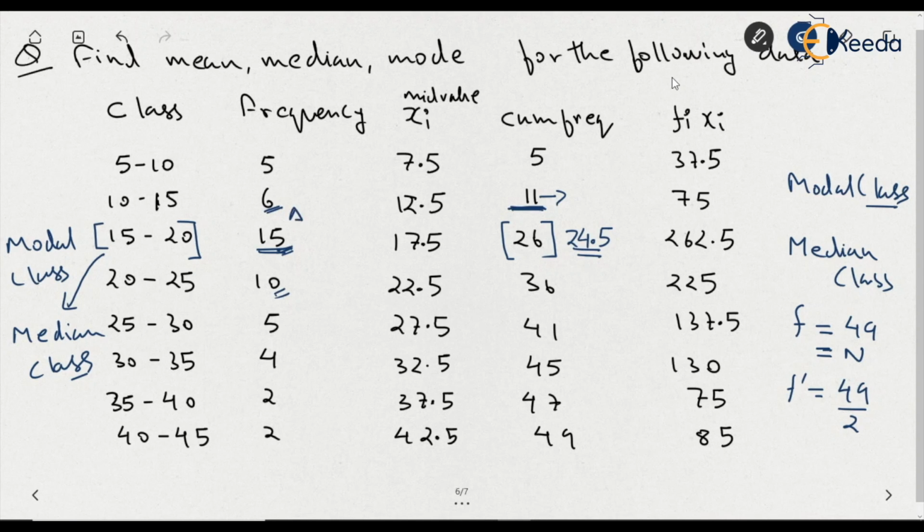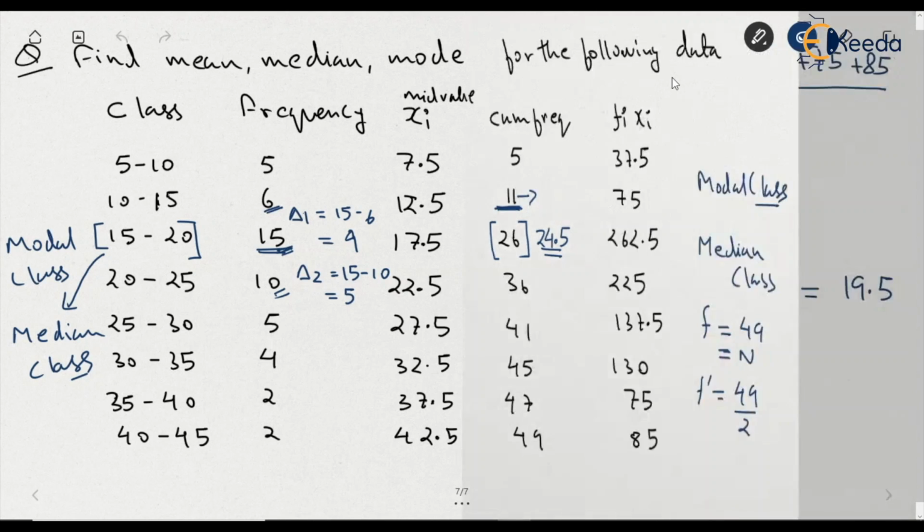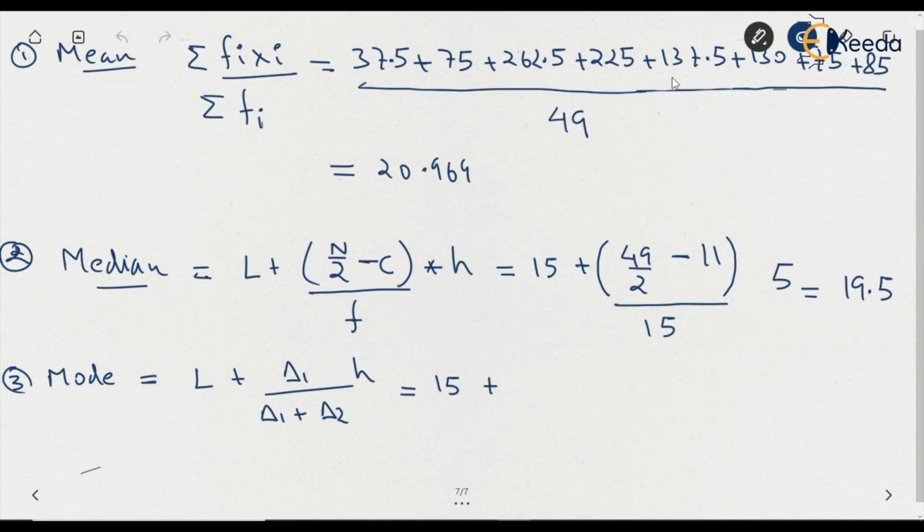So del 1 will be 15 minus 6, which is 9, and del 2 will be 15 minus 10, which is 5. So I'm directly writing it. 9 by 9 plus 5, and the width is very well known, which is 5. This value will be 18.2.